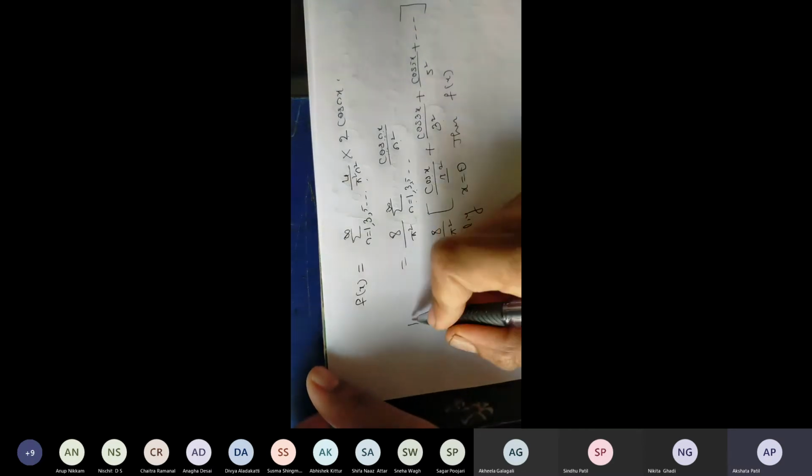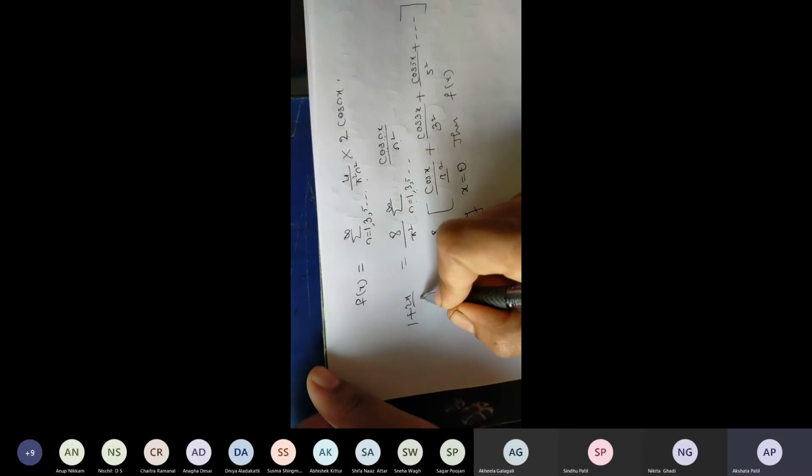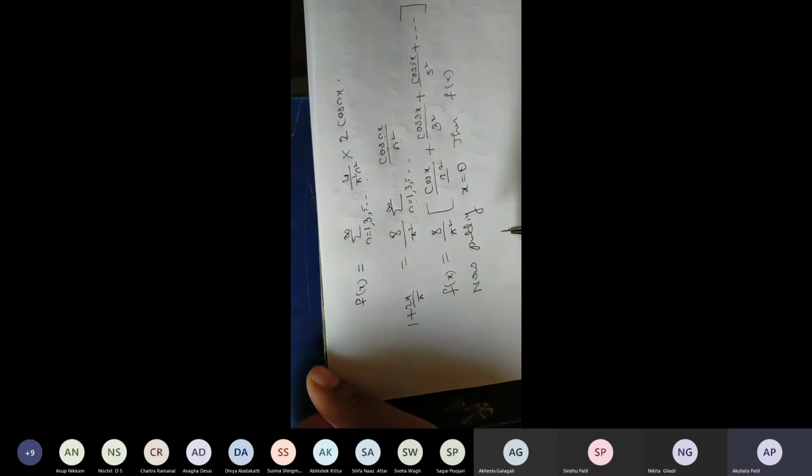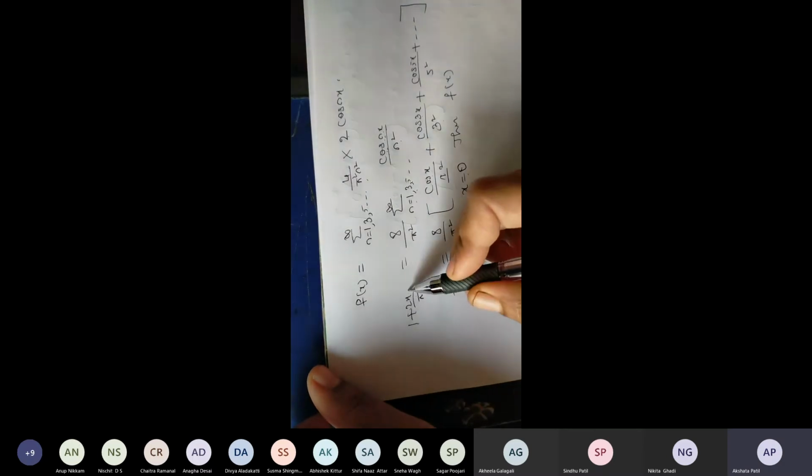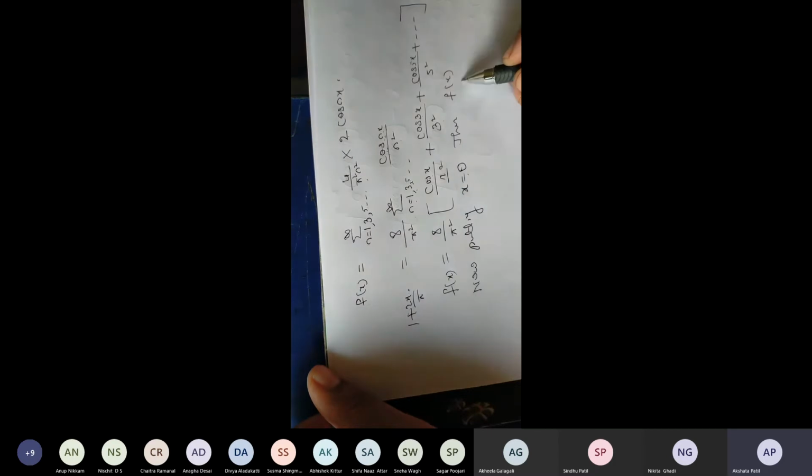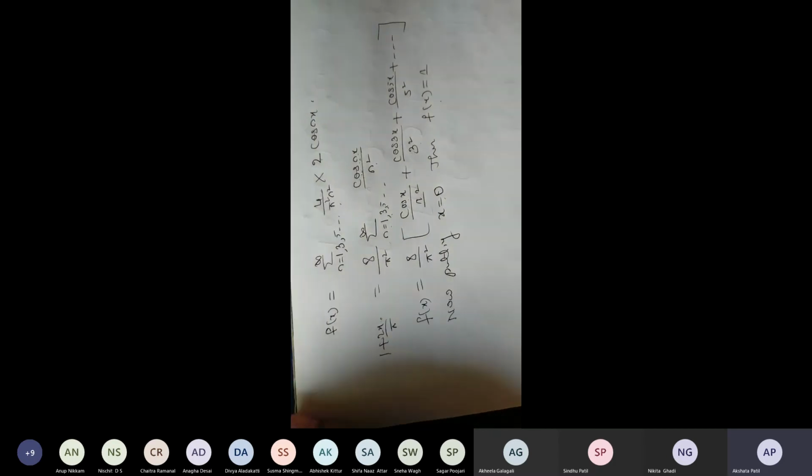Here put x equals 0. Is f of x equal to 1? Yes or no? Yes, ma'am.